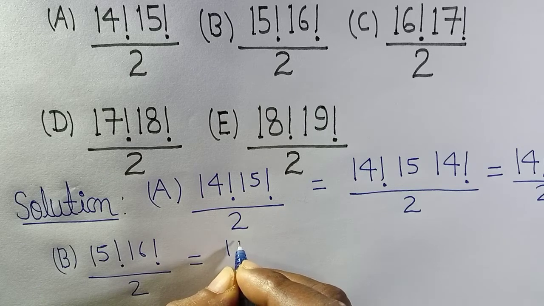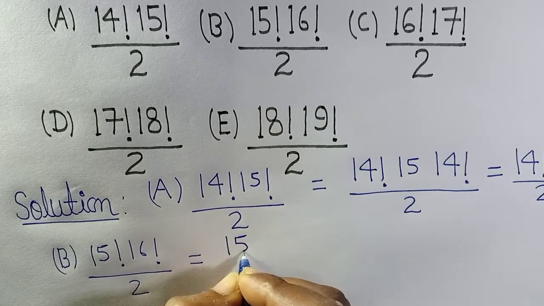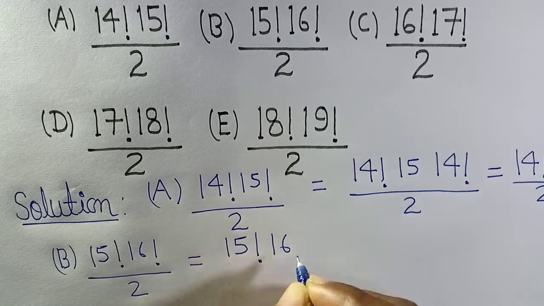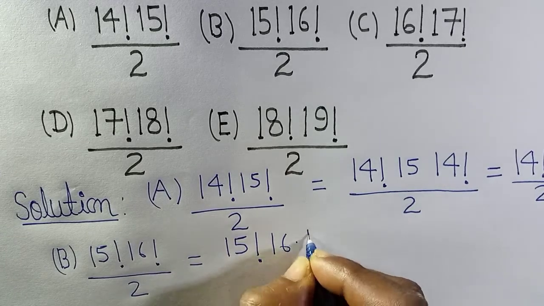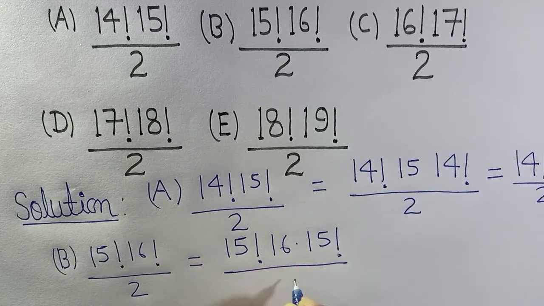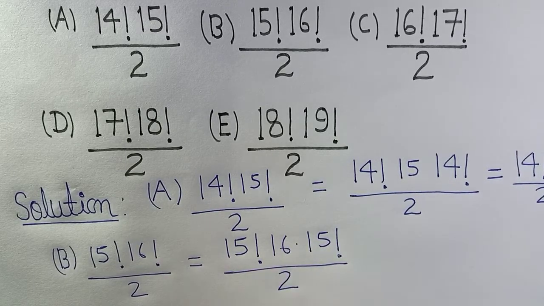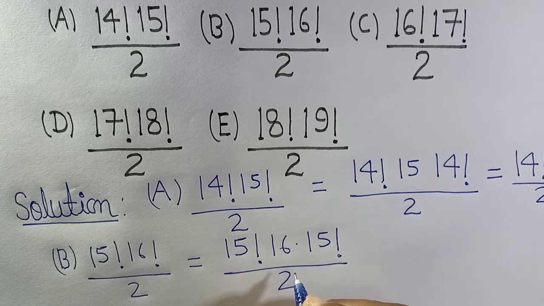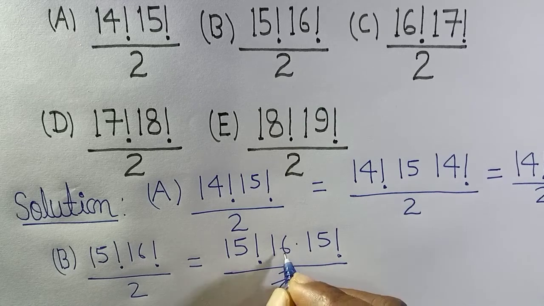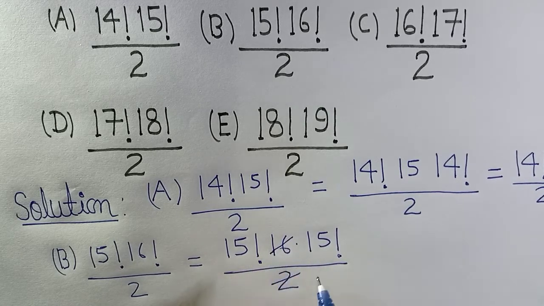So it will be factorial 15 times 16 times factorial 15 all over 2. So we can see that 16 is divisible by 2, so it will be cancelled out.